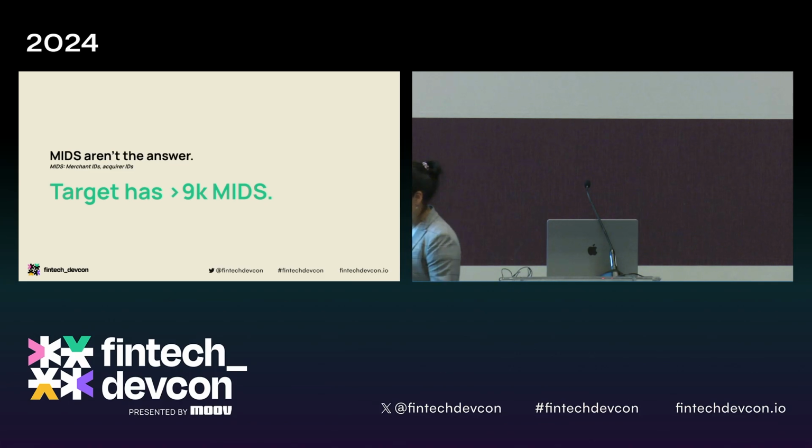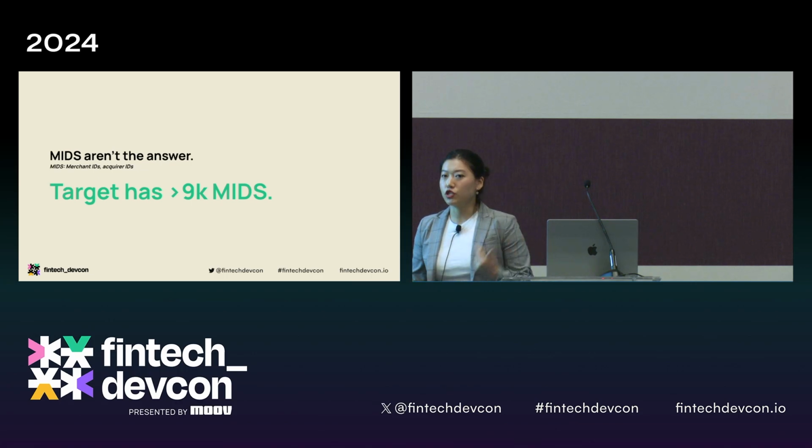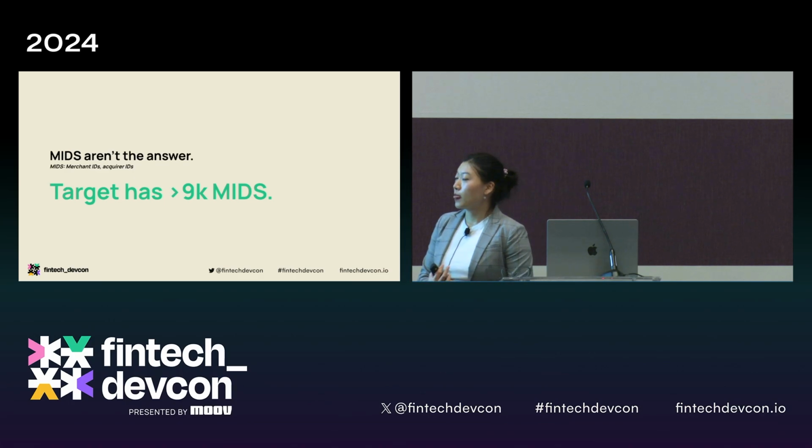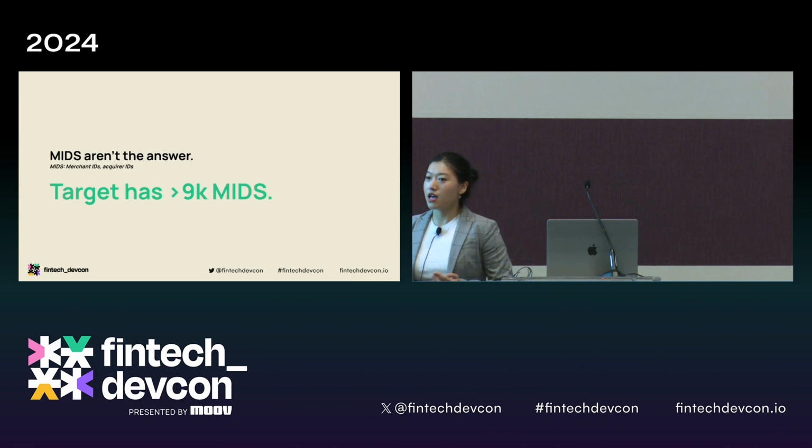First, you might ask, how about using MIDs? MIDs are also known as merchant IDs or acquirer IDs. They are thought to be the way to solve this problem. However, as I just mentioned, MIDs are unique to POS systems and also sometimes channels. So the online Target shop will have a different MID from every Target location, and sometimes even checkout lines.